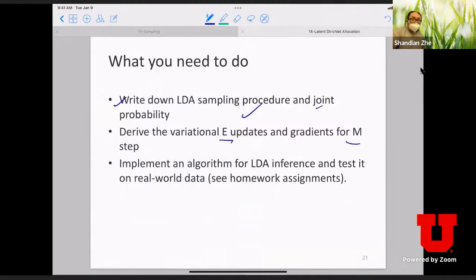We mentioned in the last lecture that the computation of the gradient is not hard, but it's a bit tedious. Again, we highly encourage you to follow the slides and derive those details. It's not hard at all. It's just good practice of calculus and small mathematical practice problems. And although this is not obligatory, we expect that you are able to implement the LDA inference algorithm based on the variational inference framework.